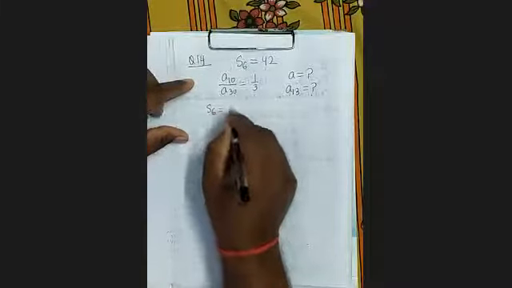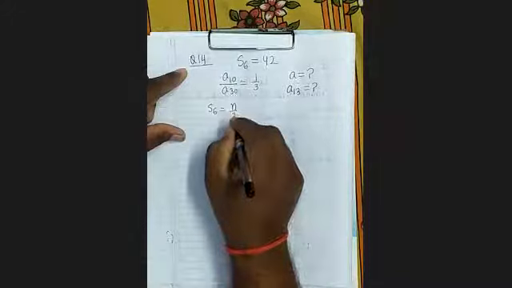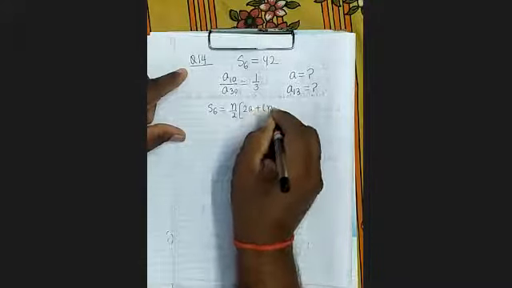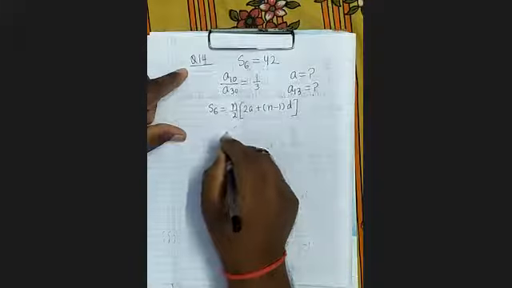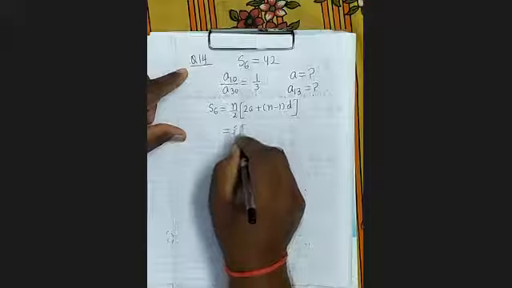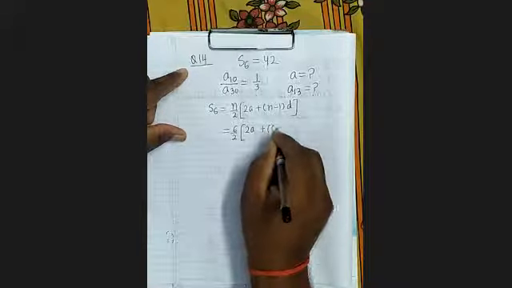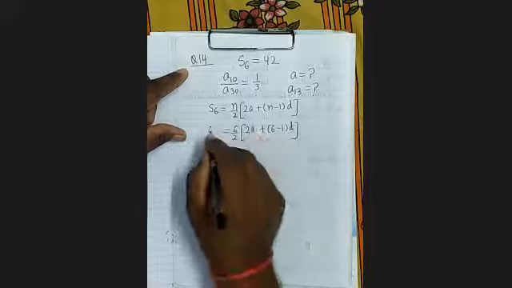So see here, S6 equals to n by 2 into 2a plus n minus 1 into d. What is n here? 6. So 2a plus 6 minus 1 into d. It is 42.